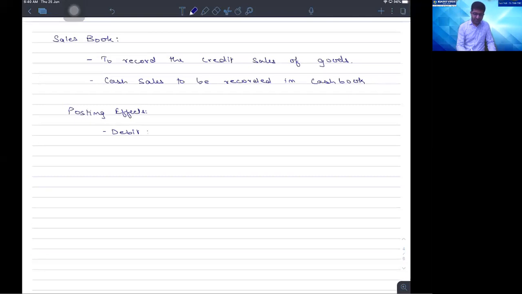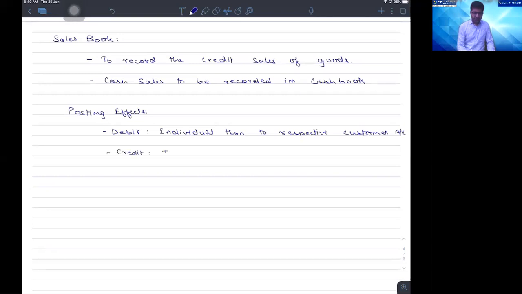Therefore, debit posting of this will be what? Individual transactions to respective customer account. Individual transaction is posted to the debit of the respective customer account, whereas the credit posting effect is what?